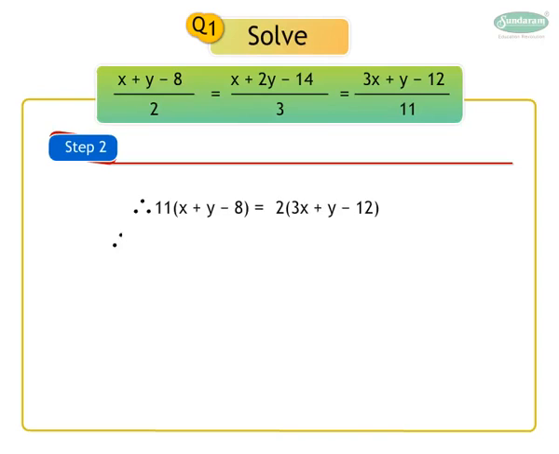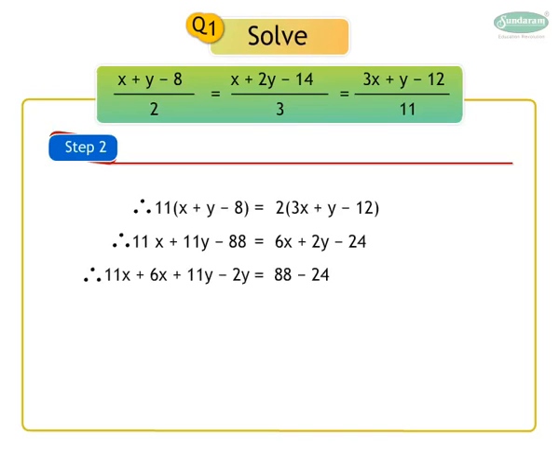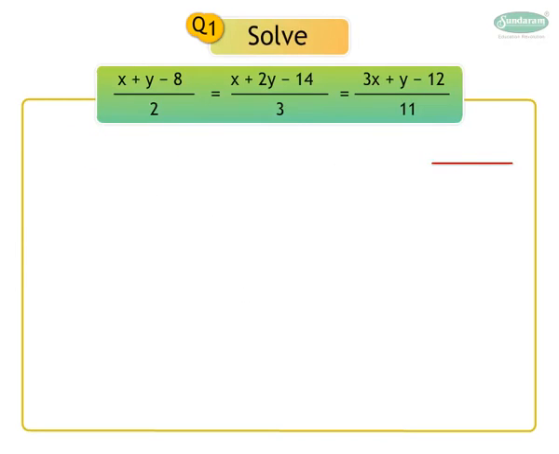Therefore, 11x plus 22y minus 154 is equal to 9x plus 3y minus 36. We get the final equation 4 as 2x plus 19y is equal to 118.